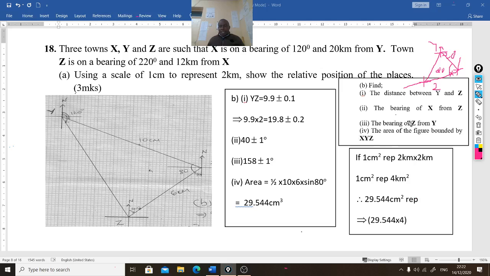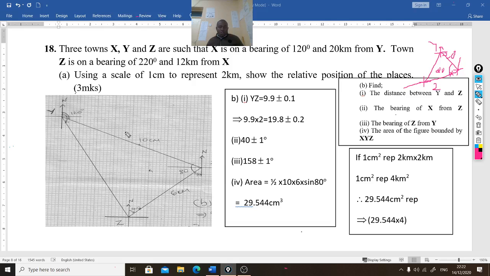Now from there, the last part 4, you find the area of the figure bounded by XYZ, this area. Now what we do for us to get this area, remember we know this 6, we know this 10, we know this as we measured it to be 19 point something.